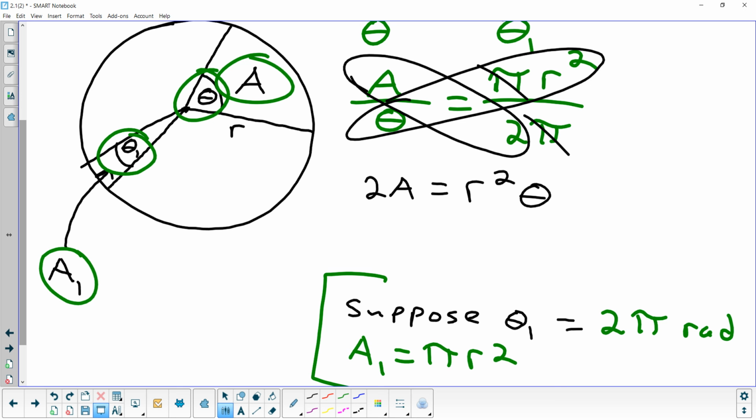So you can get rid of the 2 by dividing each side by 2, or multiply each side by a half. But that's the same thing. So I'm just going to do times a half times a half. 1/2 times 2 gives me 1, so that's gone. And I get my formula.